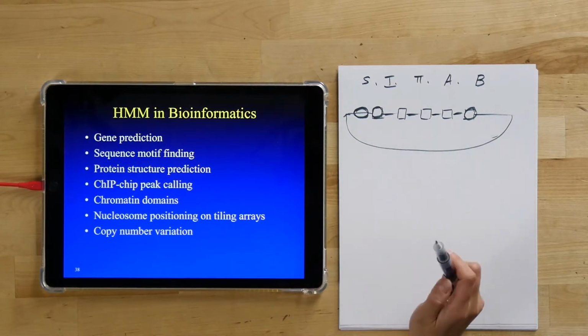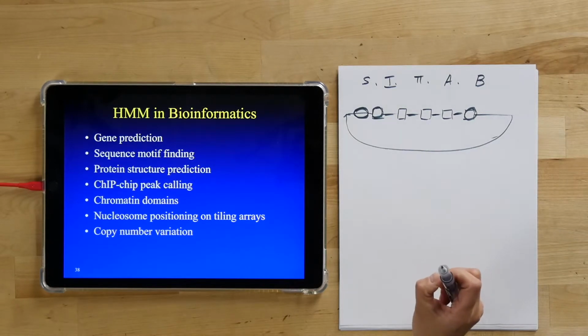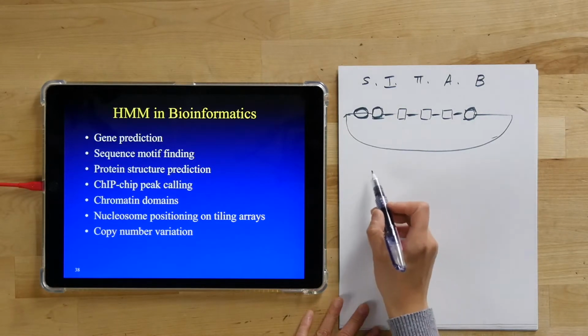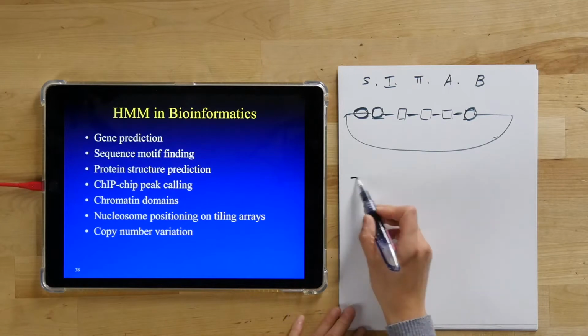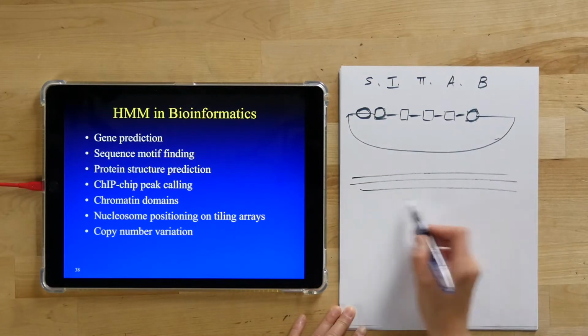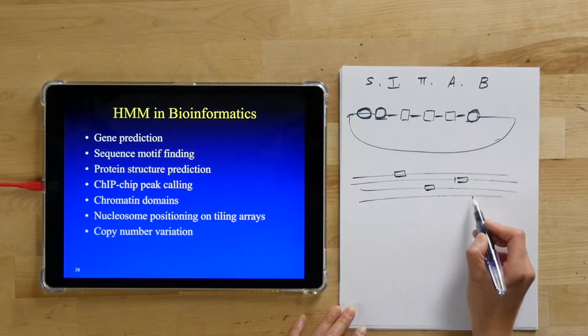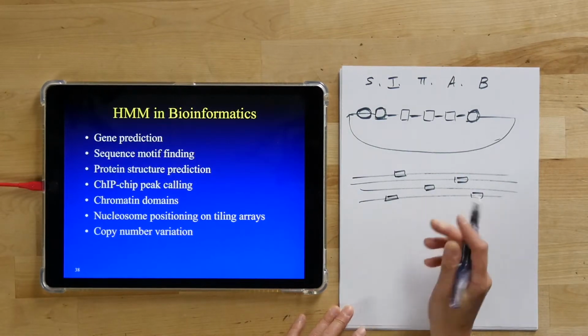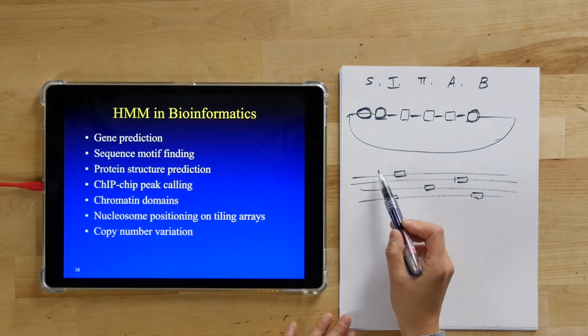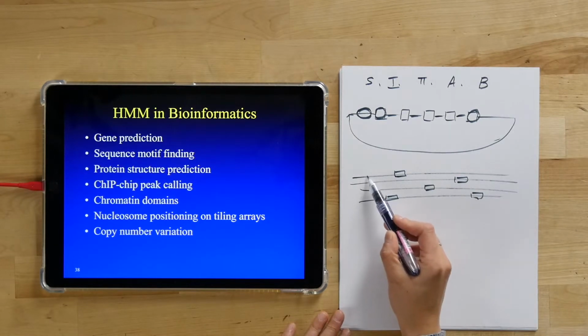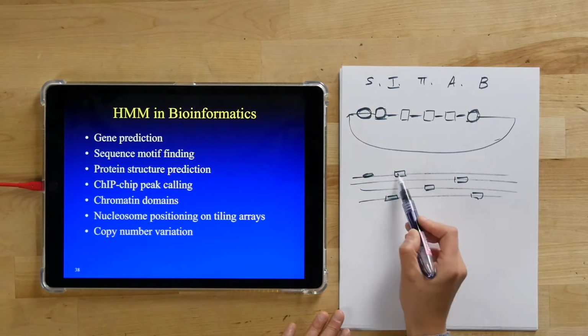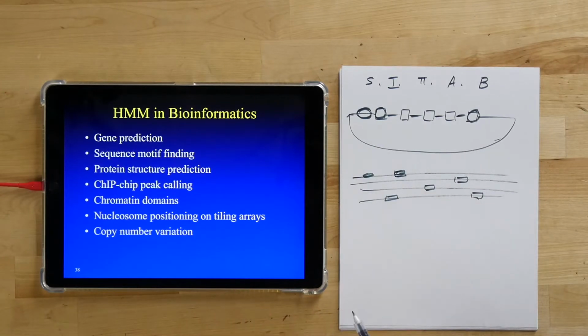And we can use it for looking at sequence motifs. Sometimes you have a whole bunch of sequences, and some of them share a pattern together, and they create a sequence motif. And so we are trying to ask if the sequence that I'm looking at is part of the motif or not part of the motif, right?